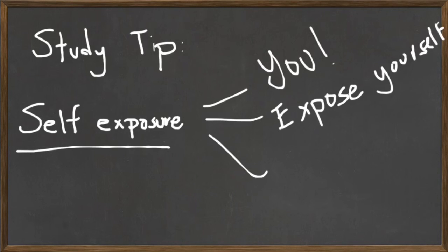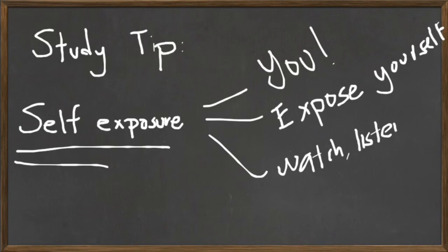So self-exposure refers to watching movies, listening to music, reading books, magazines, or articles on the internet that might be of interest to you. Practice whenever you have the chance to speak English, whether it be with a friend, someone on the street, or someone you know who speaks English.